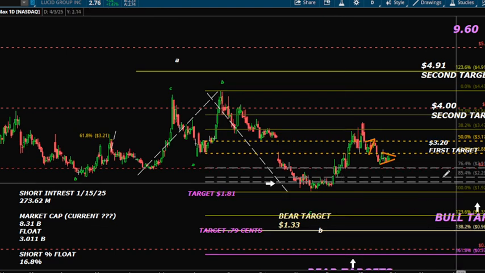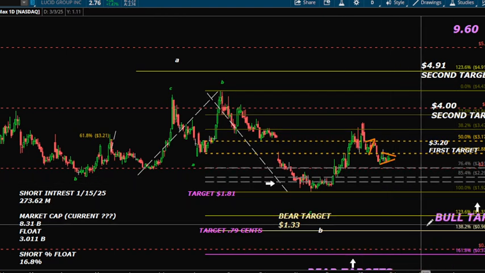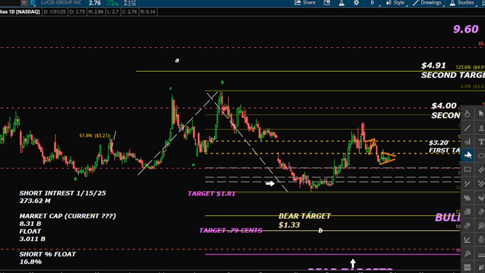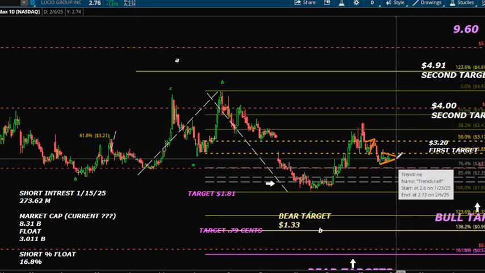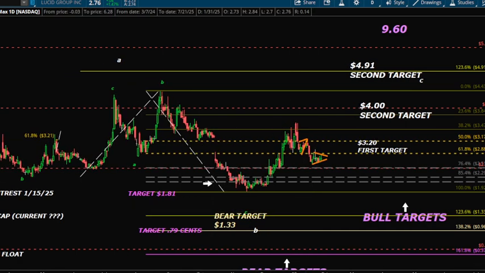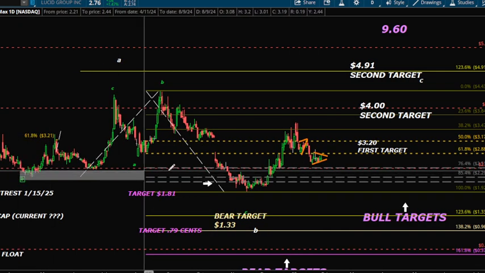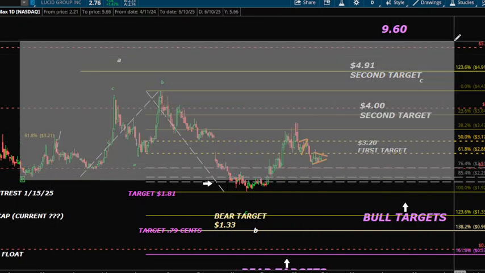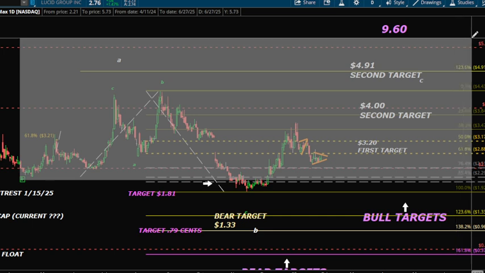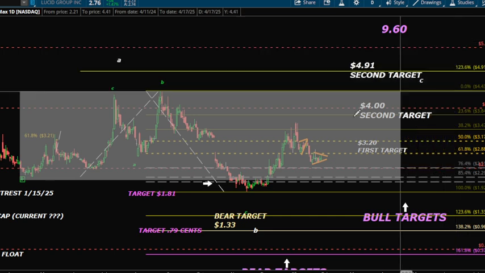Okay, so let me see. So the move is, let me slide over a little bit. Okay, so yeah, this box here represents pretty much the time duration and the move that I'm focusing on.